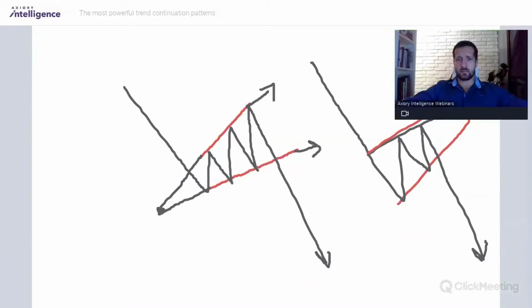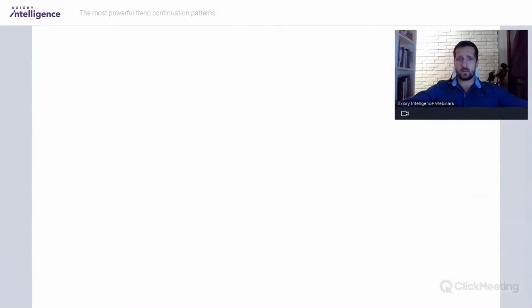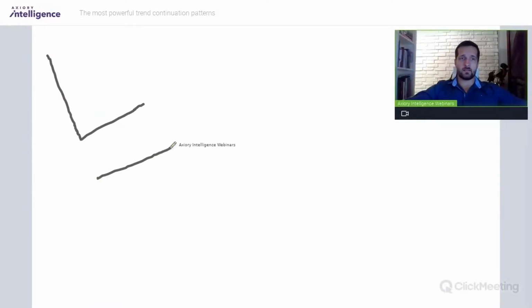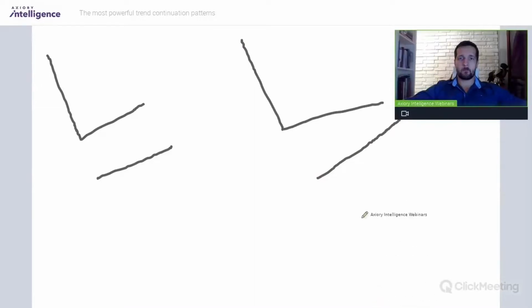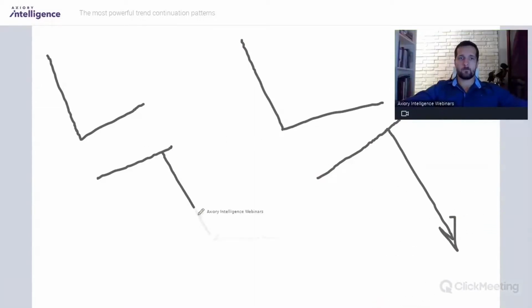One thing, my friends, because I think it's pretty clear. So flags, lines are parallel, wedges, they are not. Let me show you flag again, and let me show you wedge again. Drop and drop. What is happening inside? Inside of the flag, price is moving like this.